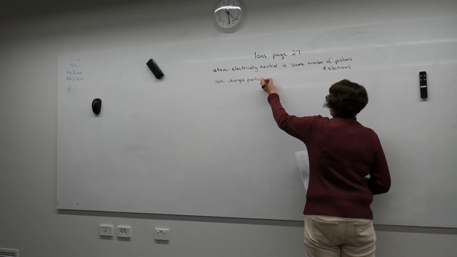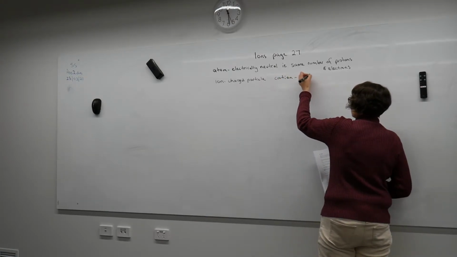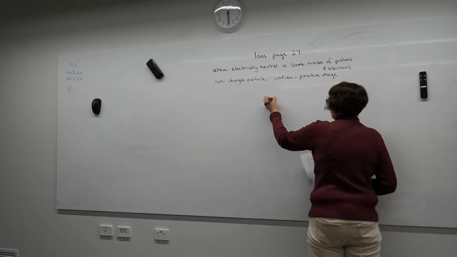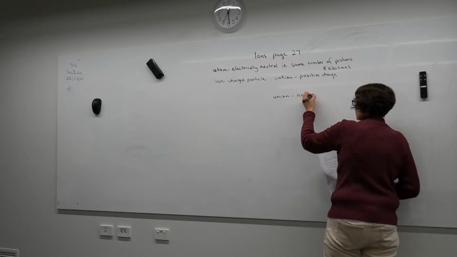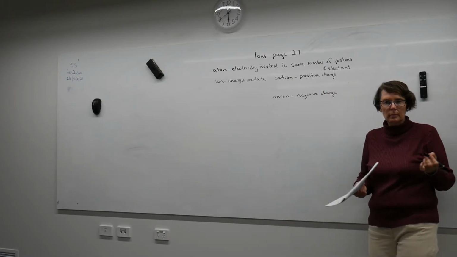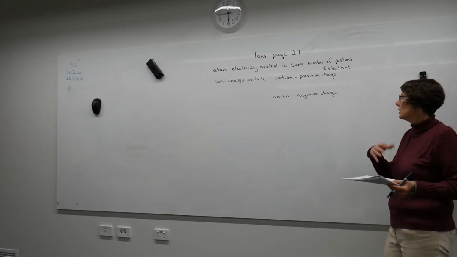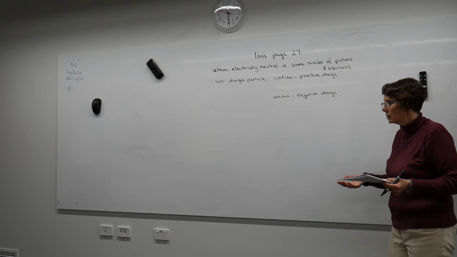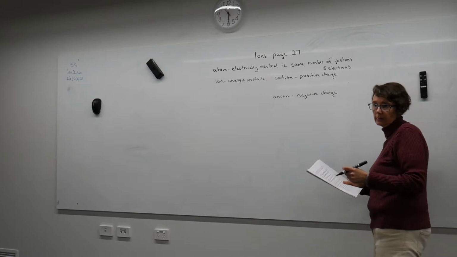And we have special names. Cation is a positive charge, and anion, the negative charge. So for something to react from the elemental or atomic state to become a cation means that in the course of that chemical reaction it has donated electrons to something else.